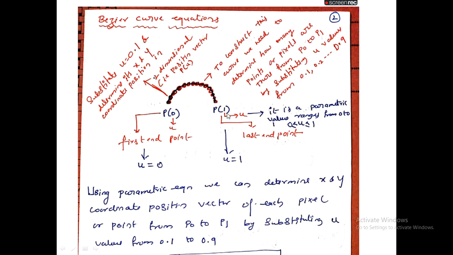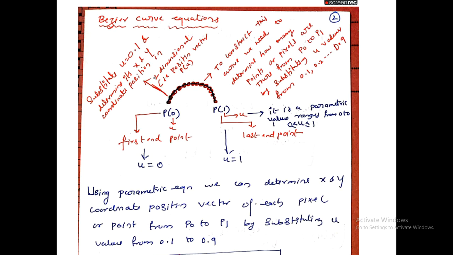When I substitute u value 1 in the parametric equation, I will get the position of the last pixel in that curve. Then we are creating one curve from the position p of 0 to p of 1, where 0 to 1 is nothing but the u value.